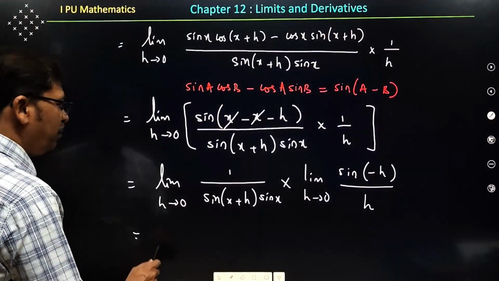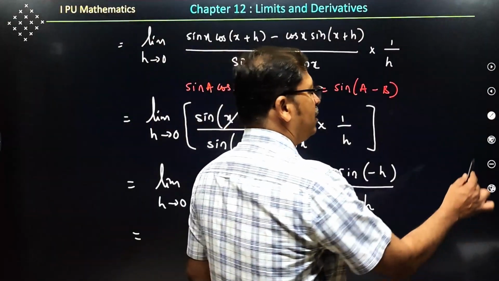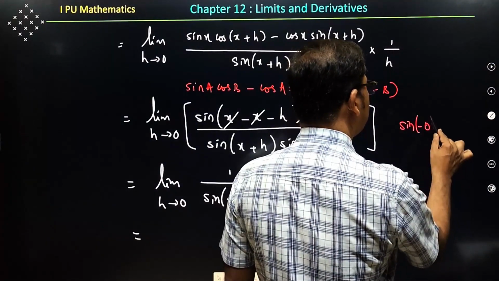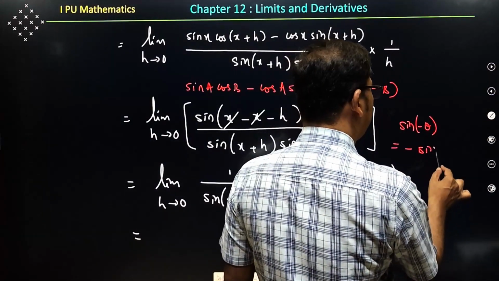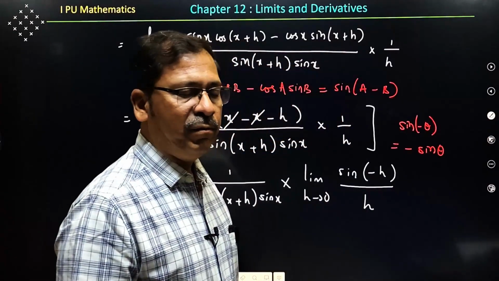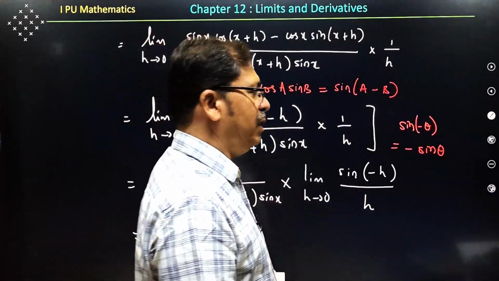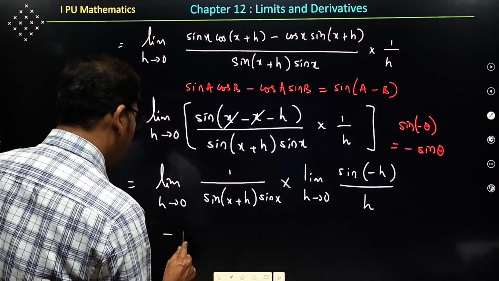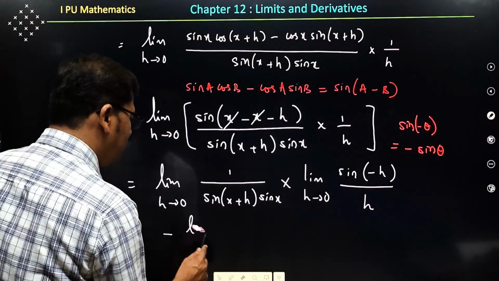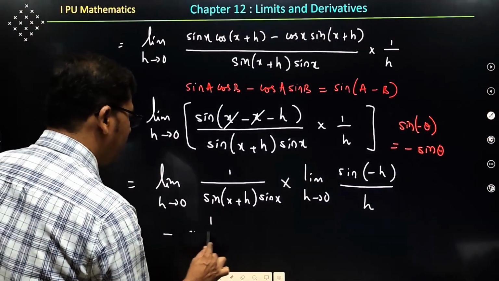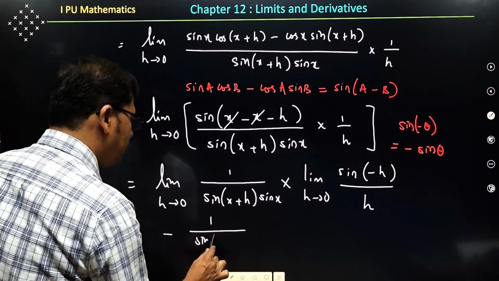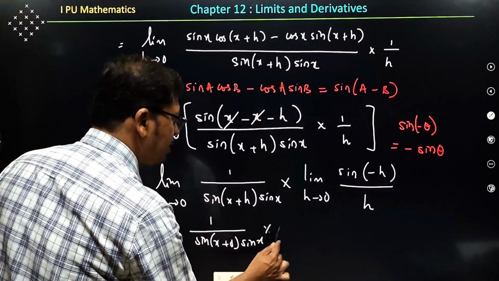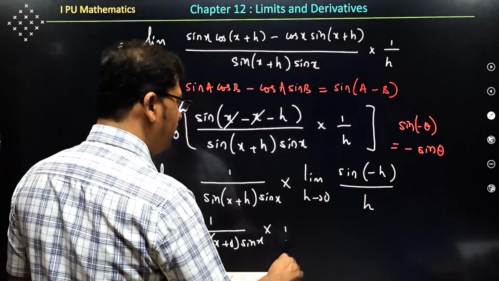Take that minus sign outside, because sin of minus theta is equal to minus sin theta, the allied angle property. So this is equal to minus, written entirely outside, and then you apply the limit value: 1 divided by sin of x plus 0, into sin x, and the remaining part becomes a standard limit whose value is 1.